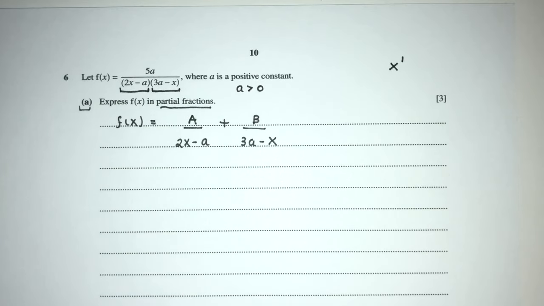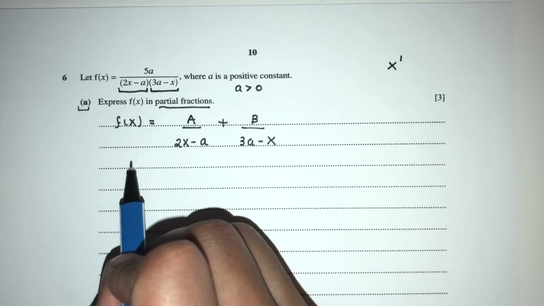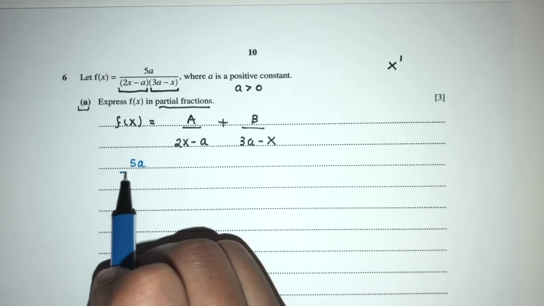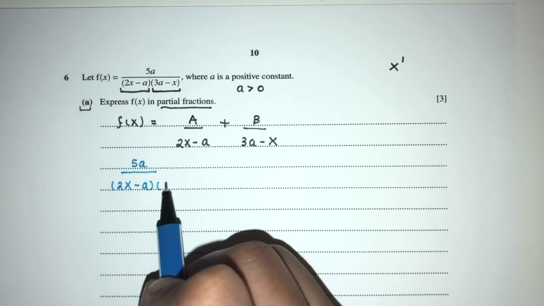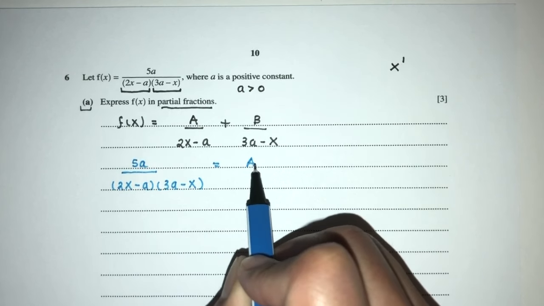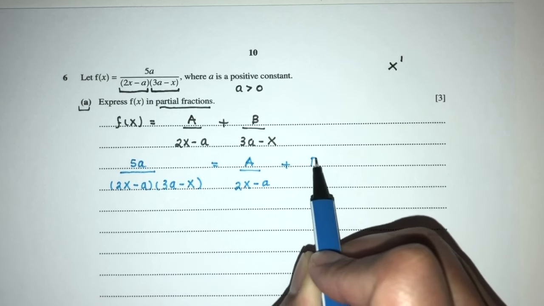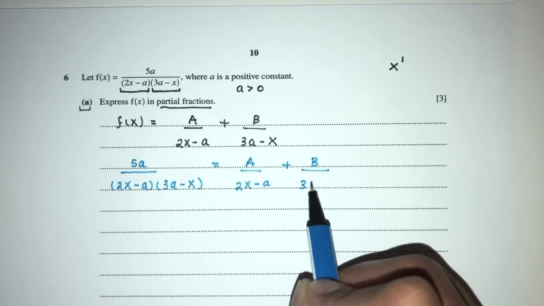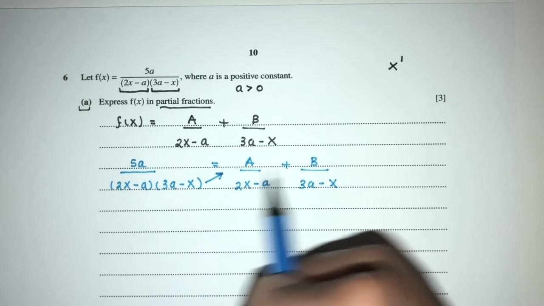For example, let me write this here. f of x was given to you as 5a over the value of 2x minus a and 3a minus x, and this is going to be A over 2x minus a plus B over 3a minus x. Now we can just take this, multiply by those two.